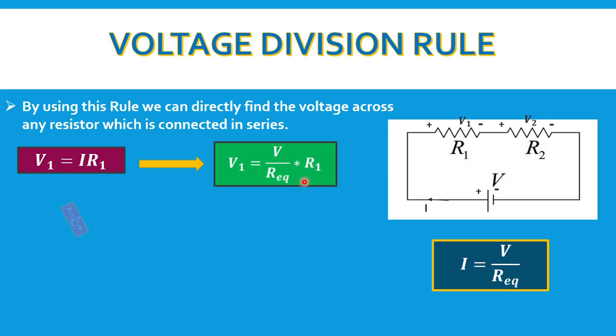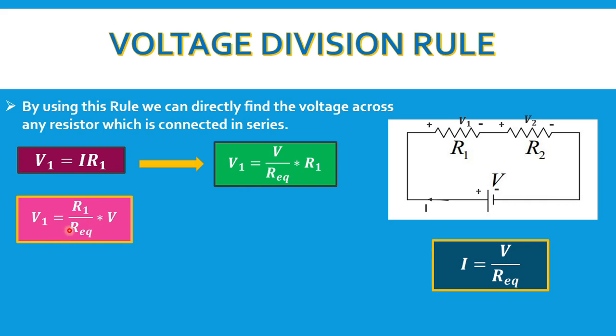Now V1 is equal to R1 upon R equivalent into V. I have simply rearranged these terms: R1 comes here and V is here. This is a very important formula.